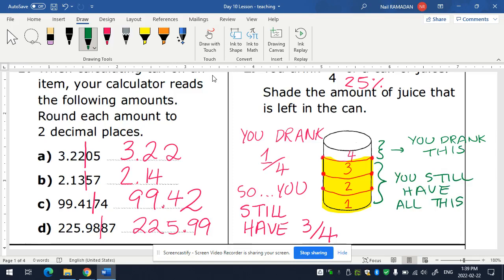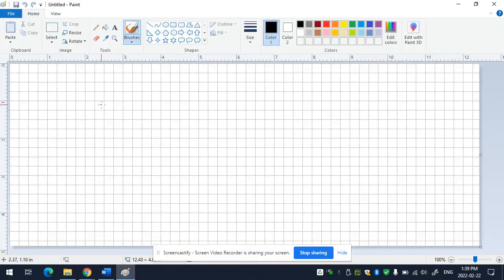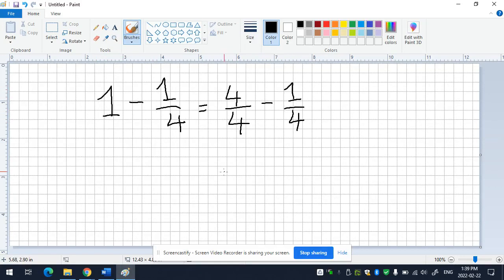Again, basically what I did is this. So 1 minus 1/4 is equal to what? 4/4 subtract 1/4, which is indeed 3/4.